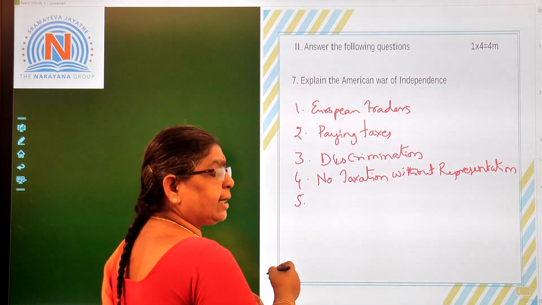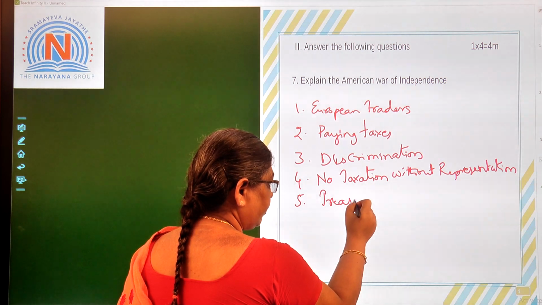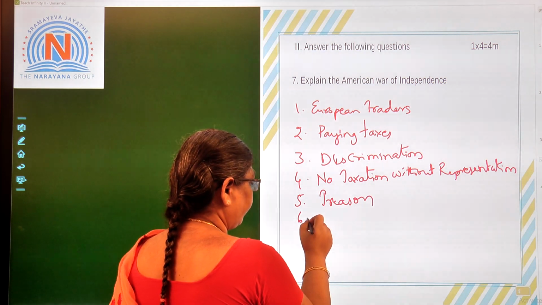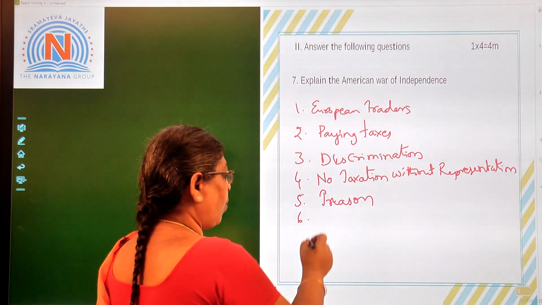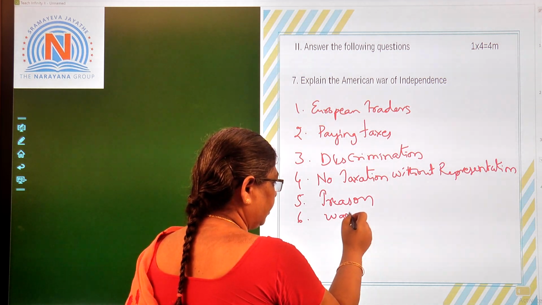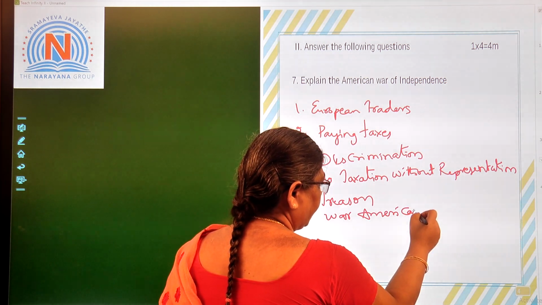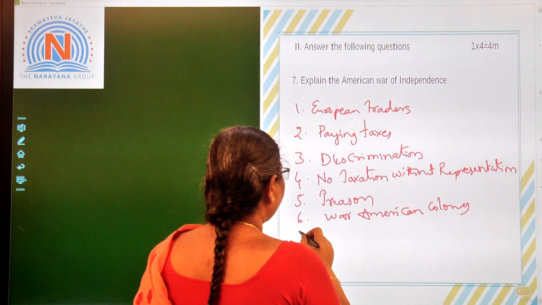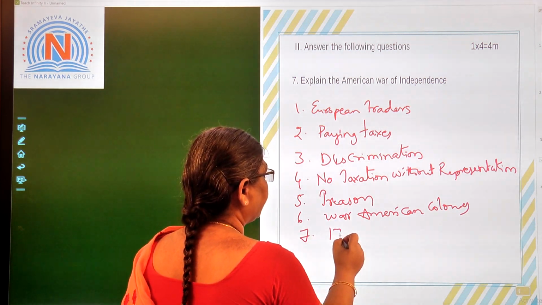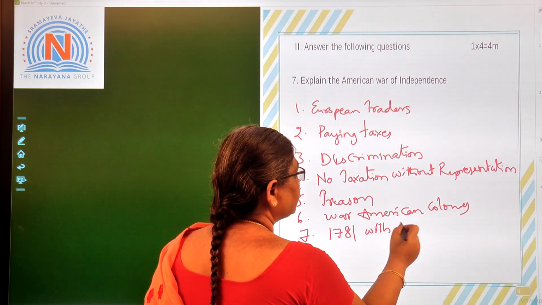But this particular action was taken as an act of treason by the king of England. So there was a war between the American colonies and England. Finally, the American colonies won the war in the year 1781 with the help of the French army.